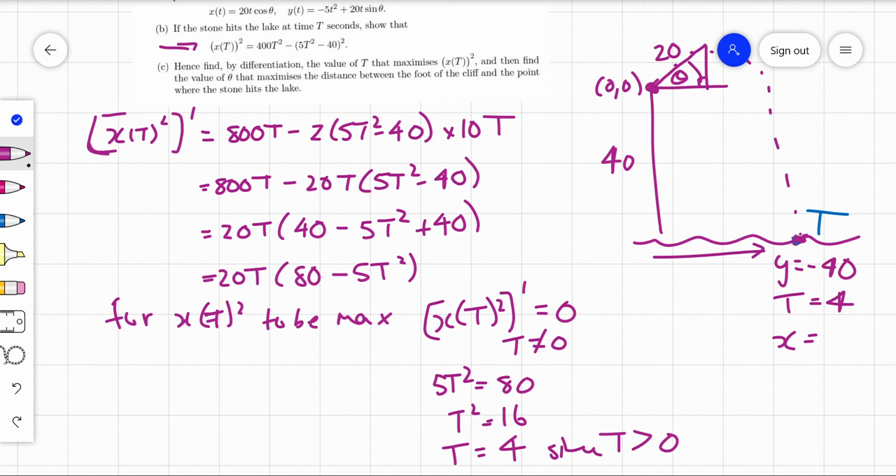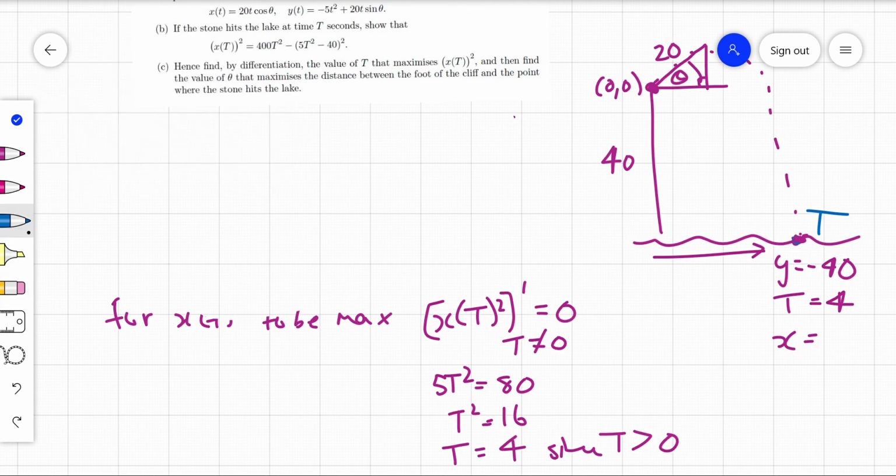So if I go back to my x squared equation, which is up here, there we go. So let's go back to that equation.